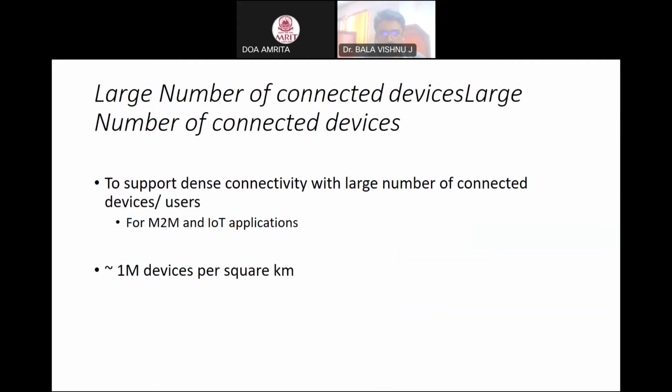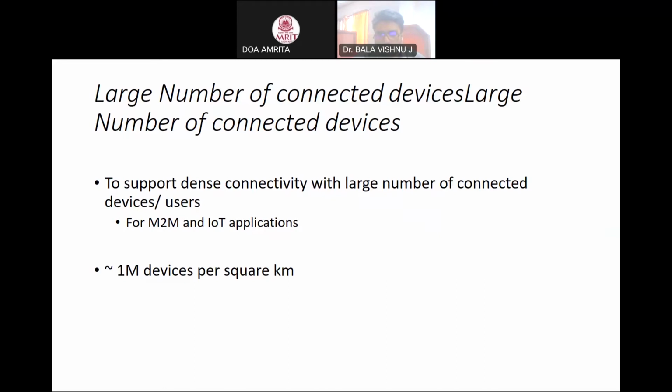And the next key specification is increasing the number of devices. That means device density should be more, densification. So in 4G, the device density is very low. Compared to that, in 5G we need an increased densification of about 1 million devices per square kilometer. Whereas in second generation, we used GSM, Global System for Mobile Communication, with 20 megahertz of bandwidth distributed over each node.